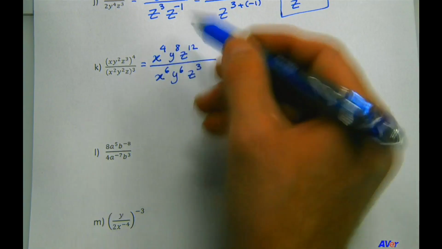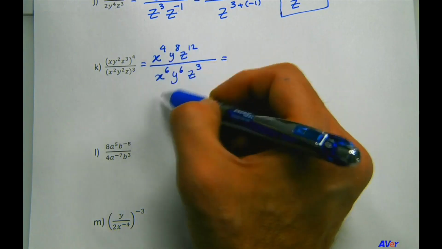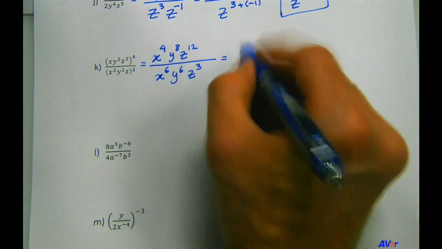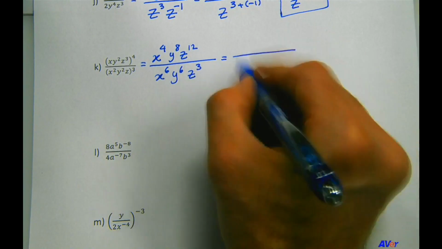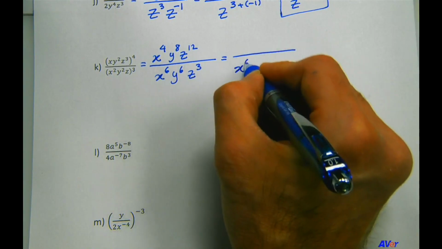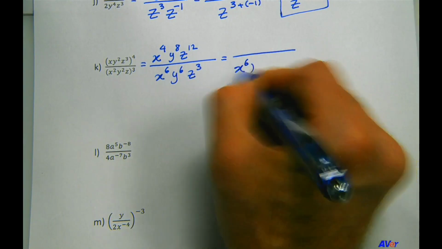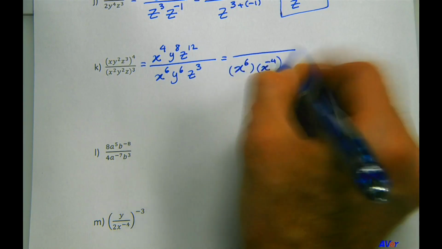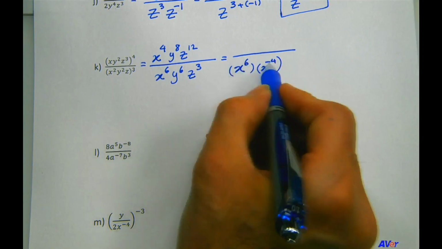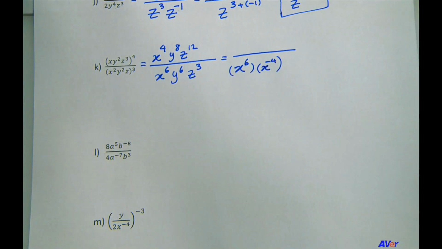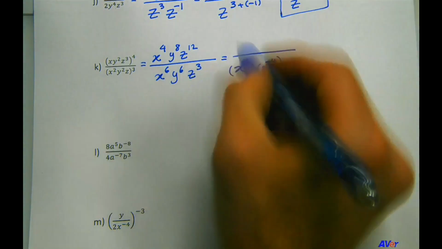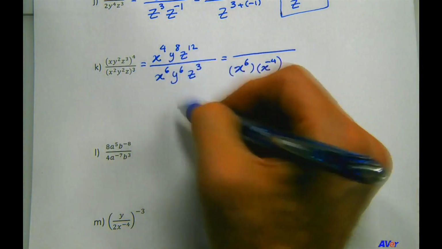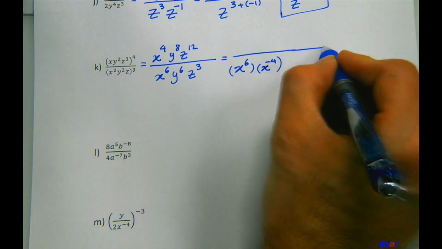Well, if you said you would move x to the 4th down, you're absolutely correct. Because in doing so, watch what happens. You end up with x to the 6th times x to the minus 4. In the next step, we're going to add the powers, and 6 minus 4 is 2, positive 2, which is what we want, a positive power. So with respect to y's, which way would you move the y terms?